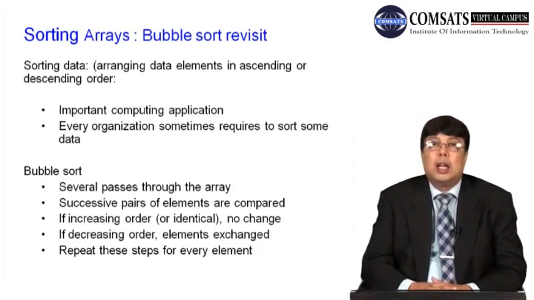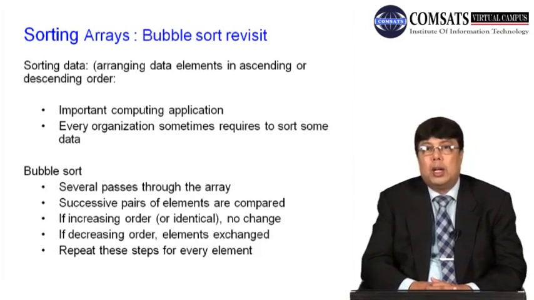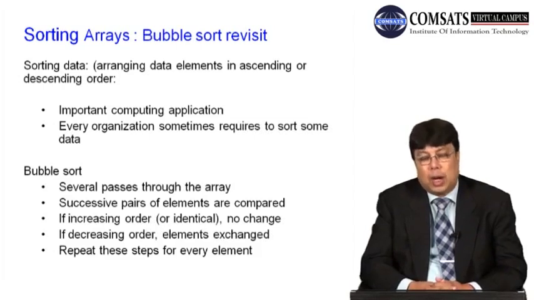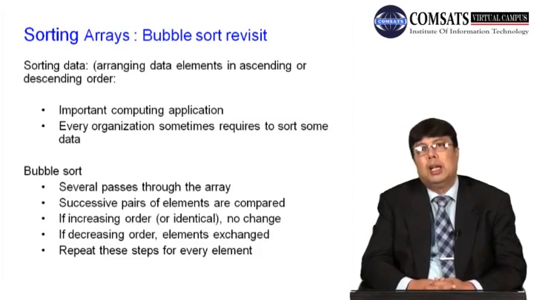As I said, this is very important, and some organizations may require it, and I'll be teaching you just after this example another technique of searching where we require that the data should be sorted.